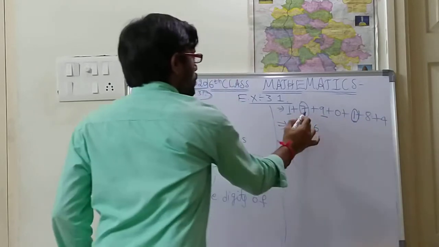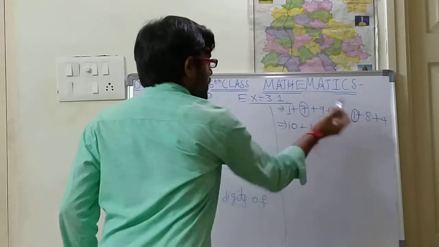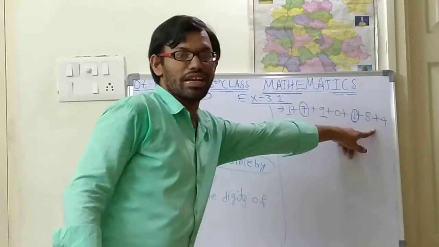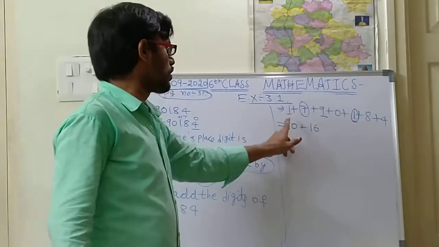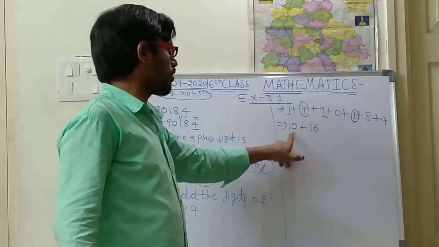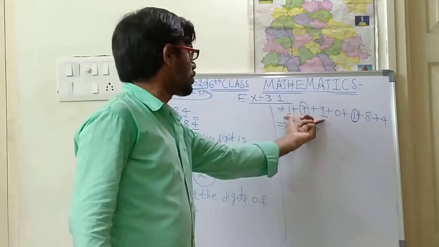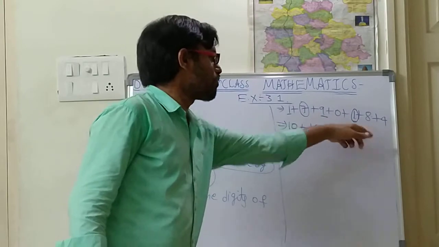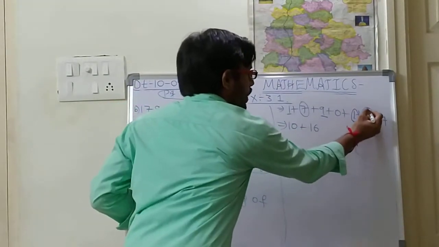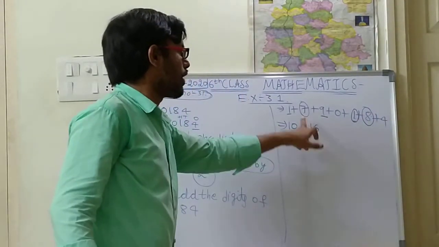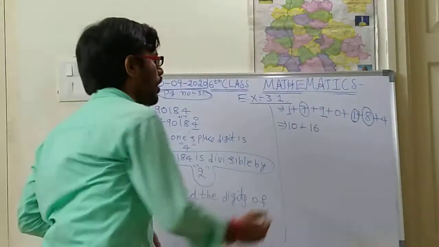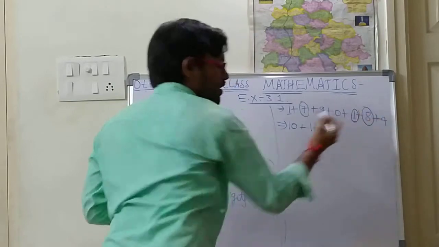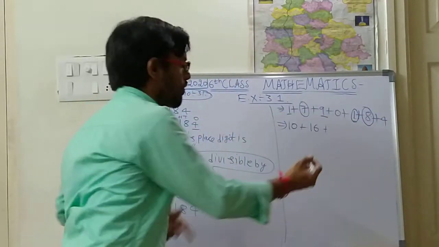Have you understood? 7 plus 1 is 8, so 8 plus 8 is 16. So first, 9 plus 1 is 10, so these two are completed. Next, 7 plus 1 is 8, 8 plus 8 is 16. Whatever numbers we marked are completed. Now what is remaining? 0 is there, 4 is there. So 0 plus 4 is 4 only.